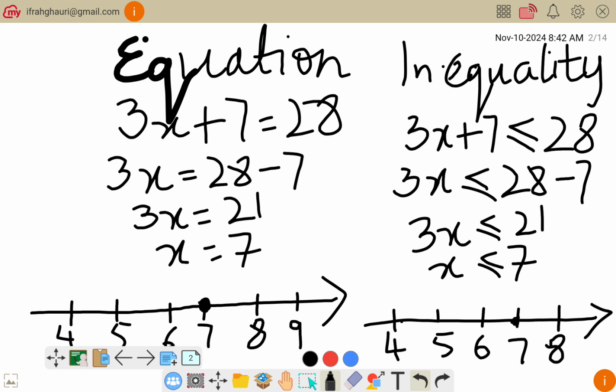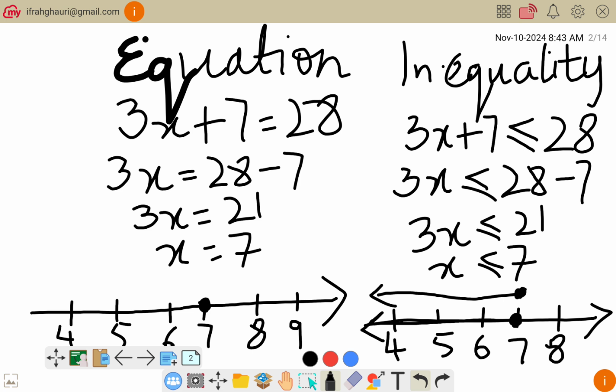So this is how it will be represented on the number line. X is less than or equal to 7, or you can draw it like this.